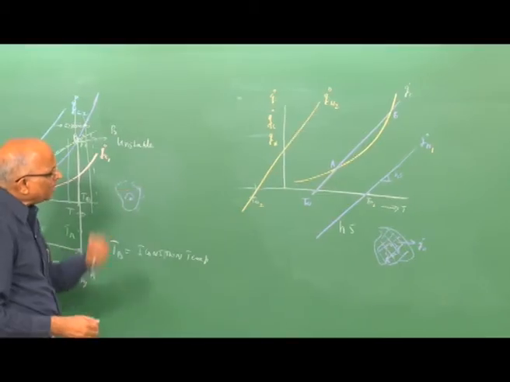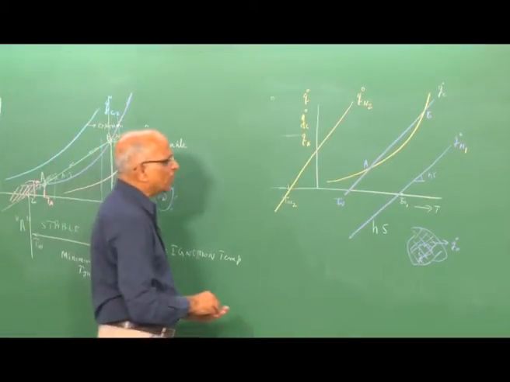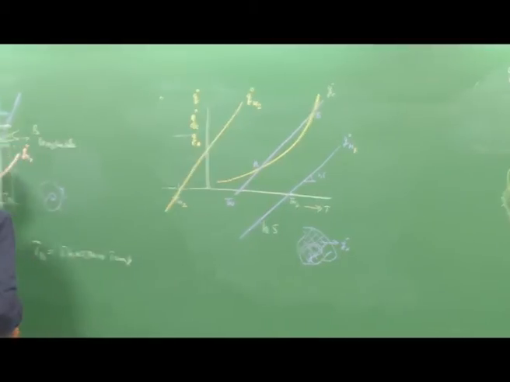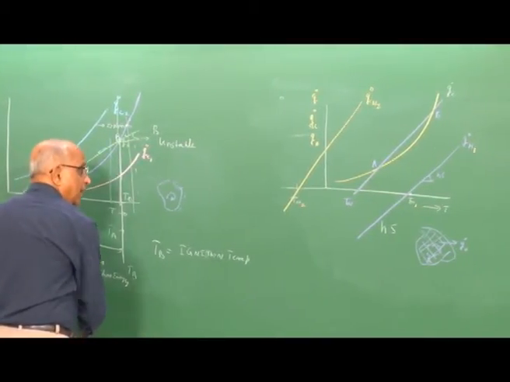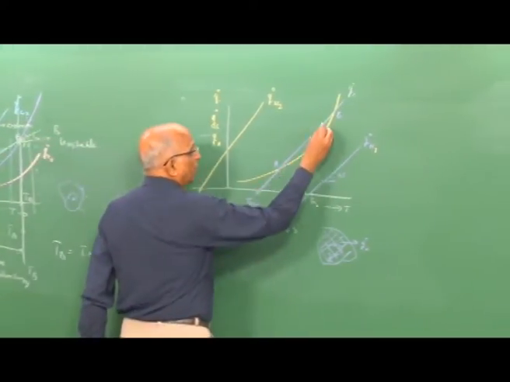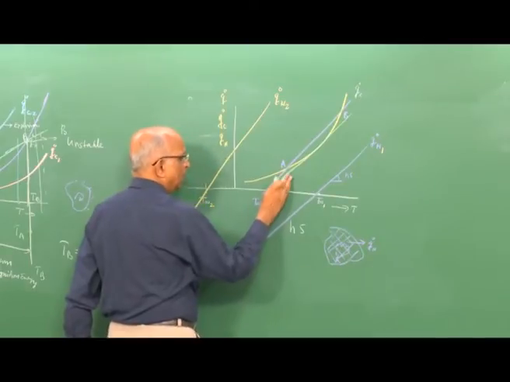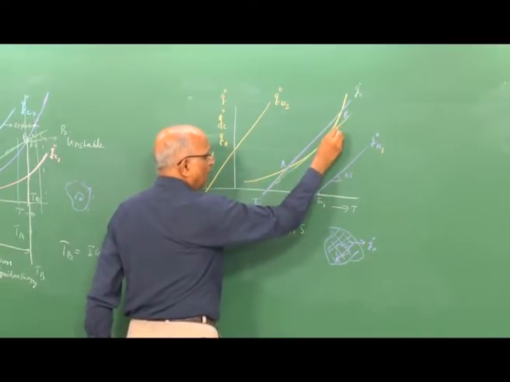Now, let us see whether I can interpret something more in this. What if my heat transfer line is somewhat tangential to this? Let's take a look at this. I am interested in a condition wherein my Q_C could be a tangent to this particular curve. That means it does not intersect at 2 points, and I have a curve like this.